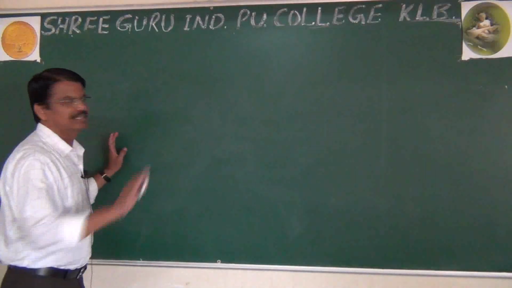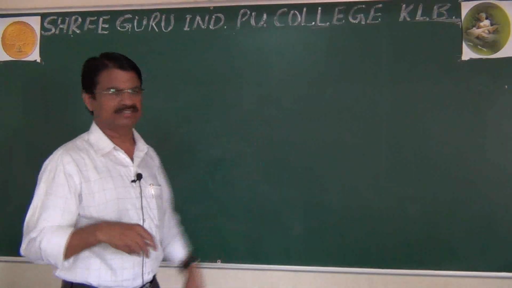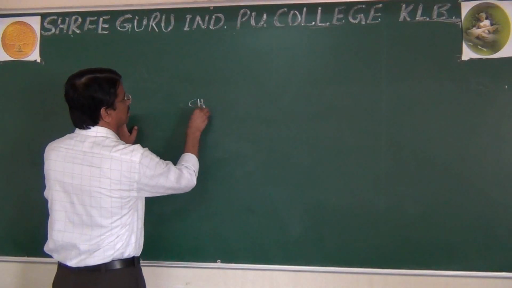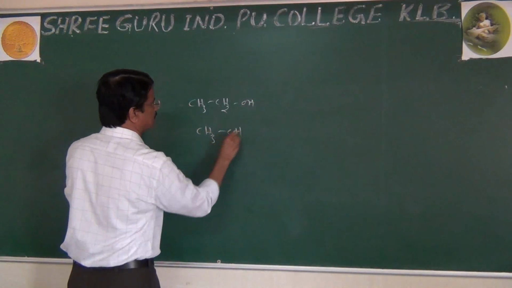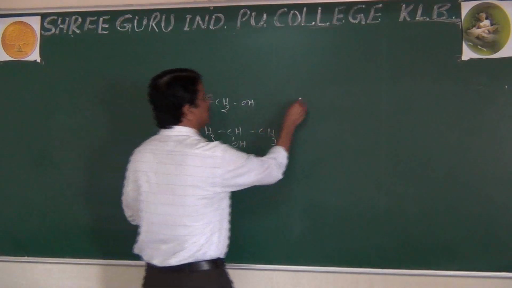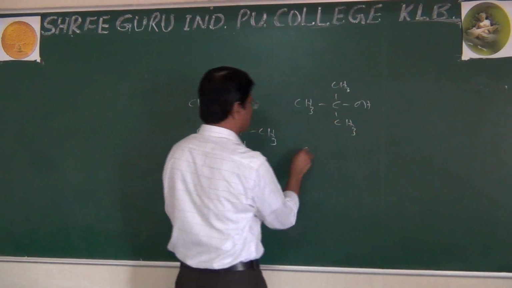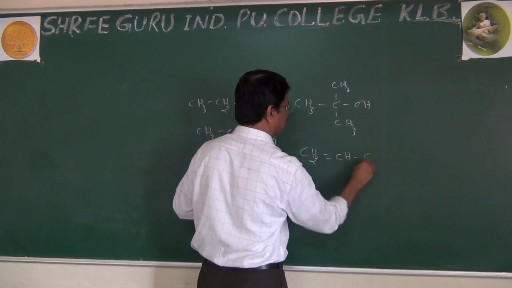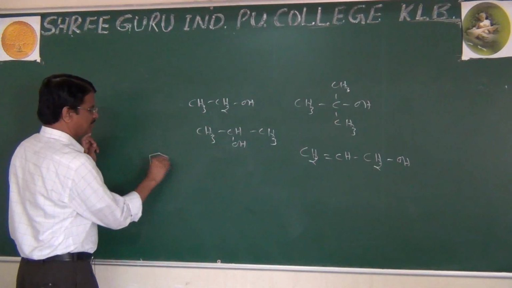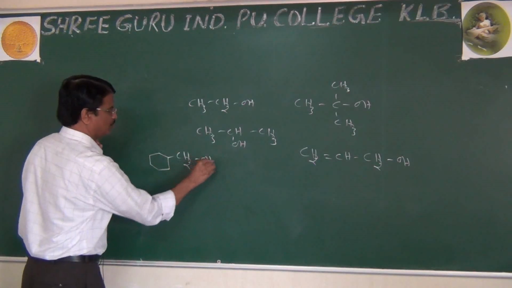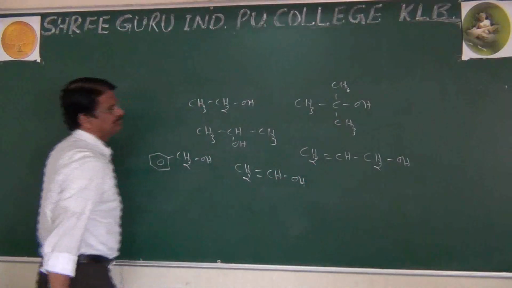Now write some formulas and try to name these, maybe primary, secondary, tertiary, or aliphatic, aromatic, etc. CH3CH2OH, CH3CHOHCH3, (CH3)3COH, CH3CH2CH=CHCH2OH, a benzene ring with CH2OH, and CH2=CHOH.